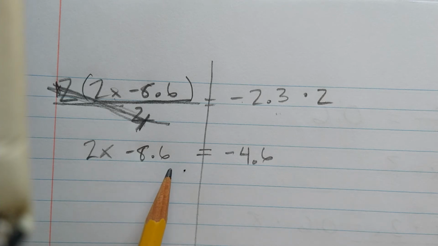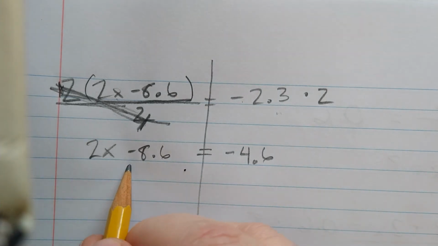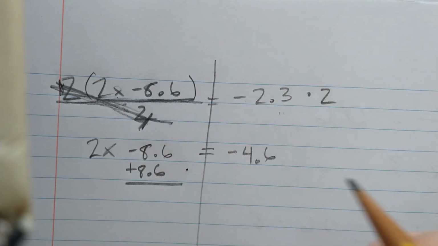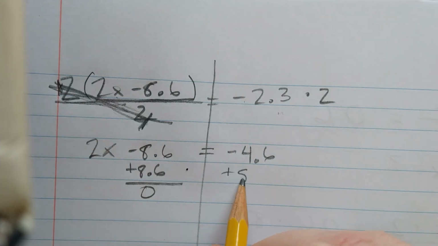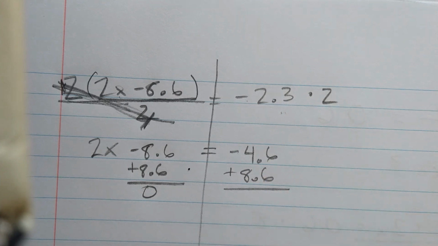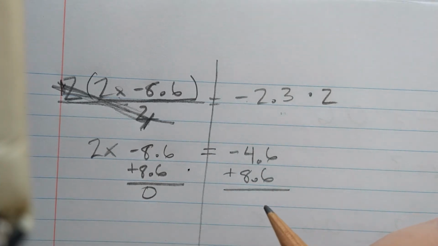Now I could divide this whole thing by 2, but then I'm back to the beginning, right? But if I added 8.6, that's pretty easy, right? That's 0. And I have to do the same to this side. Now you get a little complicated here because you're adding a positive and a negative. And so as long as you understand the concept, get a calculator, right, if you need to.